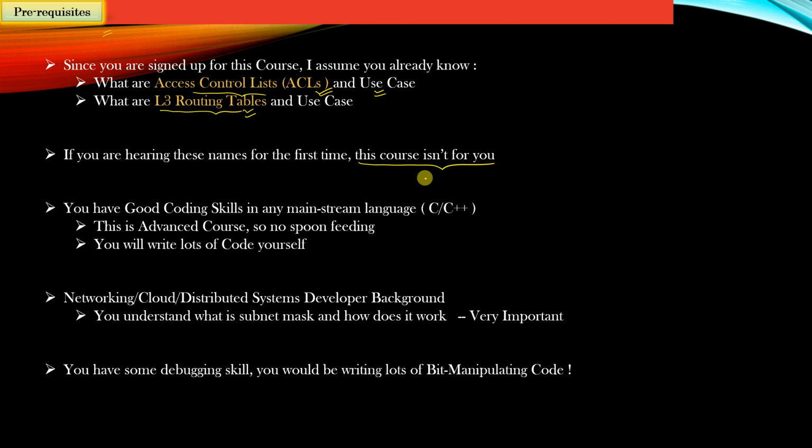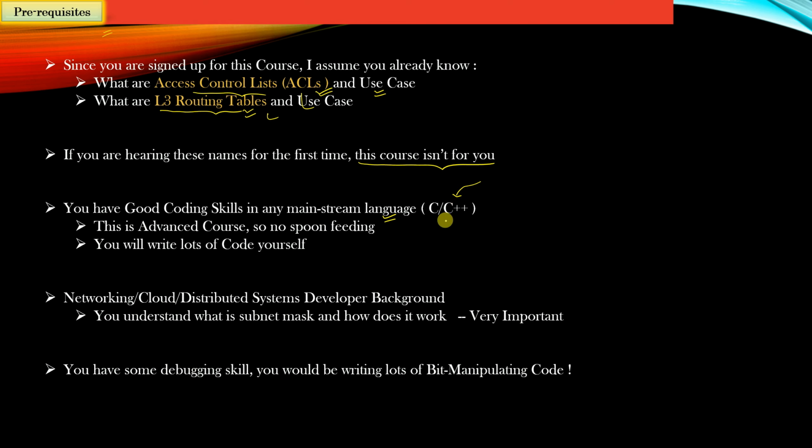You have more homework to do, that is, first get yourself aware of what access control lists and routing tables are before jumping into implementing these data structures or features. You have good coding skills in any mainstream language. In this course, I will present all the code demonstrations in C or C++.